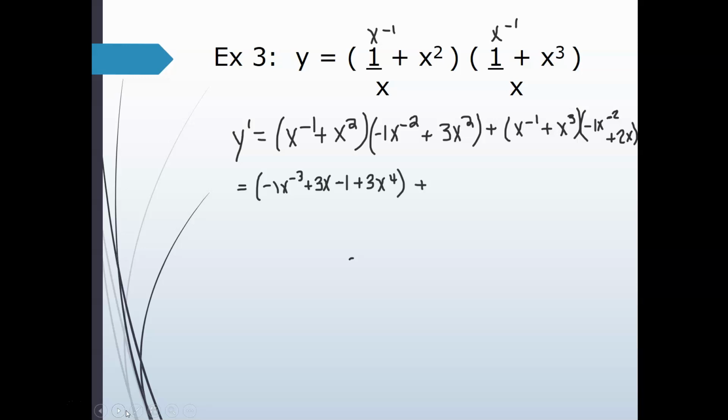And then you got to FOIL the second part. So you get negative 1 x to the negative 3 plus 2, because x to the negative 1 times x to the 1 is x to the 0, which is 1, minus x plus 2x to the 4th, sorry.